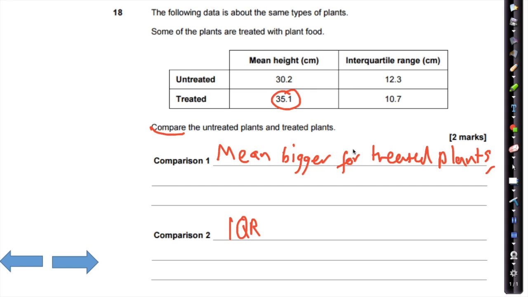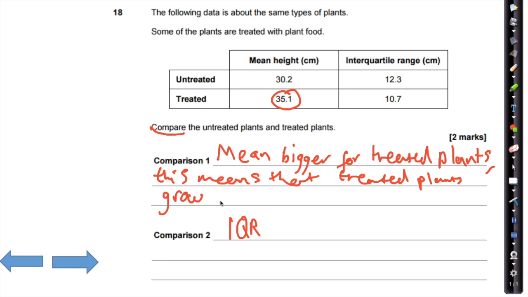What you need to say is this means that treated plants grow taller on average. Okay, so that's what we mean by interpretation.